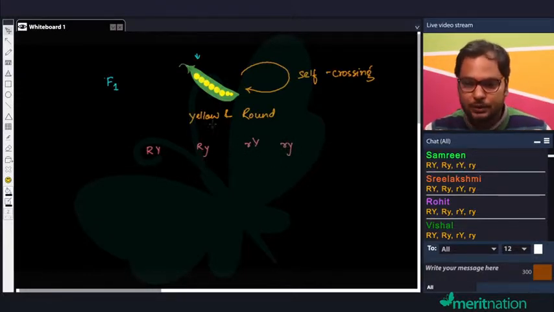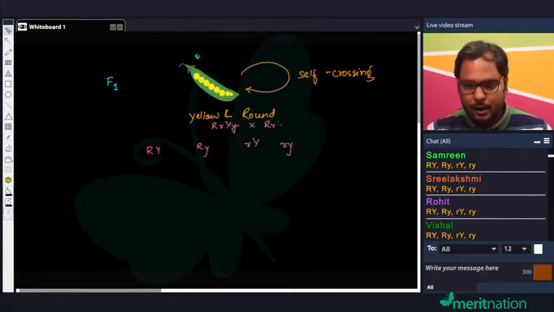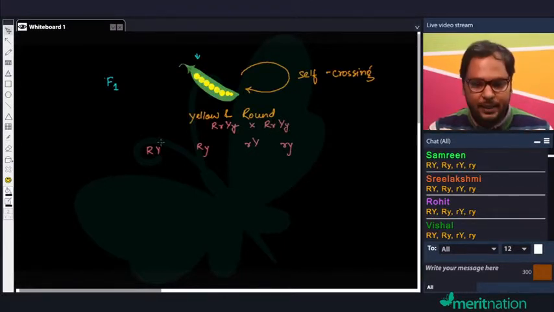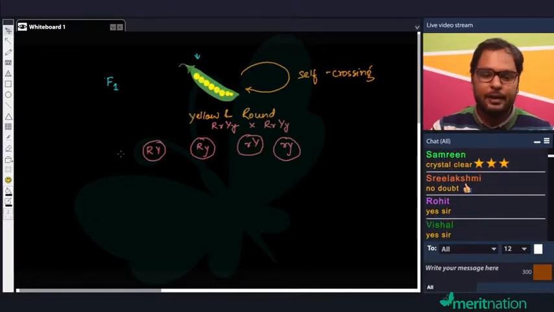Because this plant was capital R, capital Y, and it gets crossed with small r, small y. That is why you will get these gametes for the F2 generation. So these were the gametes for the F2 generation.